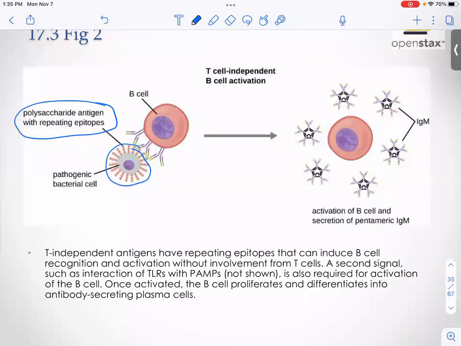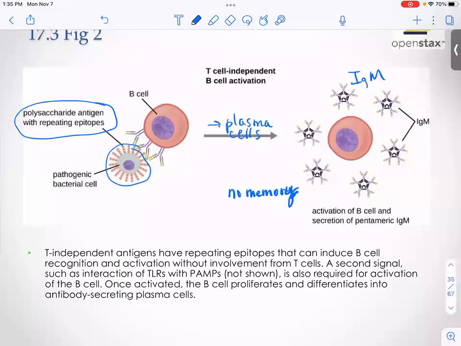That causes the B cell to differentiate into plasma cells and start kicking out IgM antibodies. No memory cells. Again, no memory cells drawn there. So make a note of that. Remember, no memory. It's supposed to be a Y there.